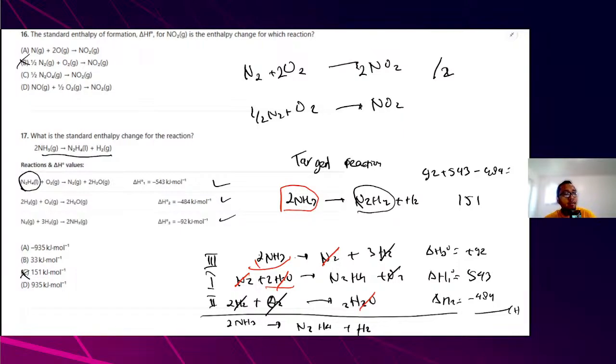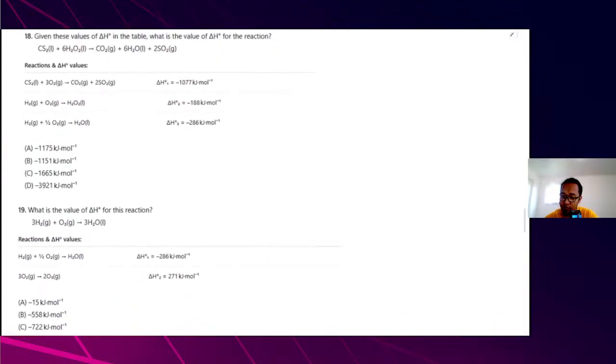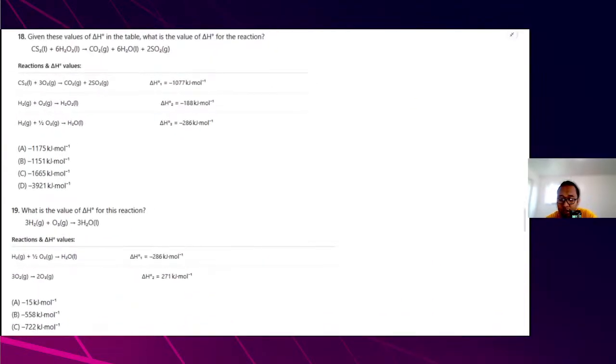Let's move on to the next question. Given these delta H values in the table, what is the value of delta H for the reaction? Okay, so the same thing, right? We need to determine the target reaction, and then we can manipulate the equations provided.